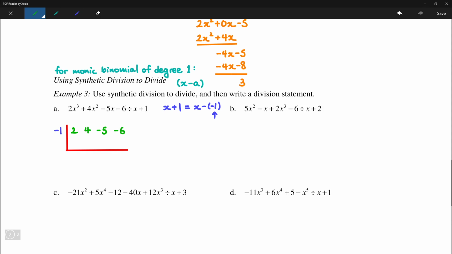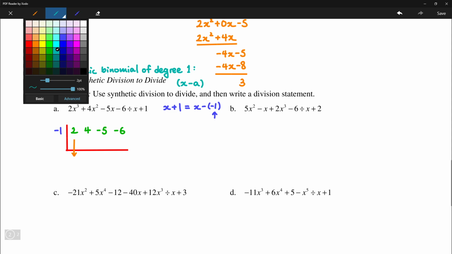Alright, so what happens next? Well, the first number, the 2, just gets moved down to the bottom. So nothing really happens to that. So here we'll just write 2.